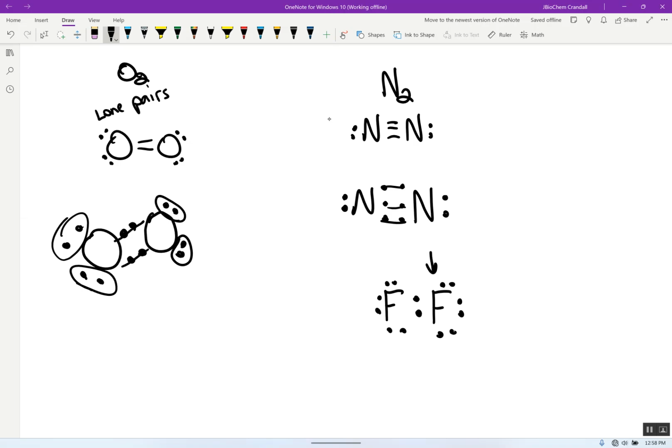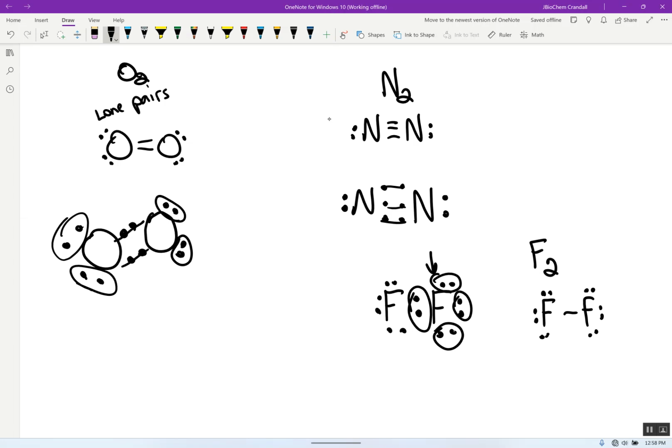So this fluorine has 1, 2, 3 lone pairs. And it has what kind of bond? A single bond. So each fluorine has 3 lone pairs and a single bond. So we have a single bond with 3 lone pairs. Okay? This is fluorine, or F2.